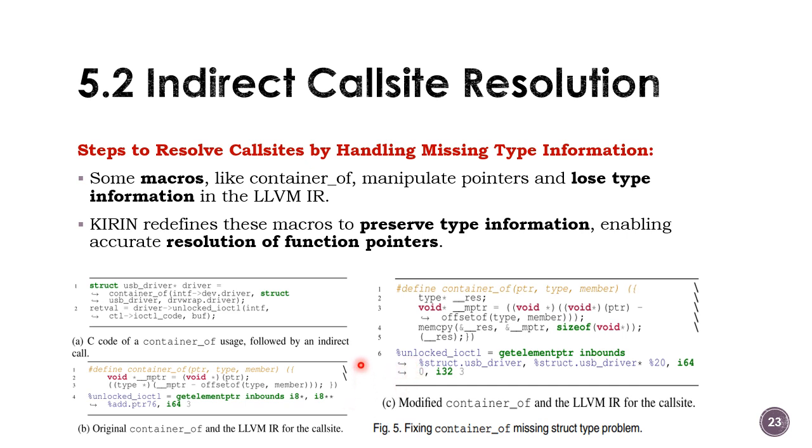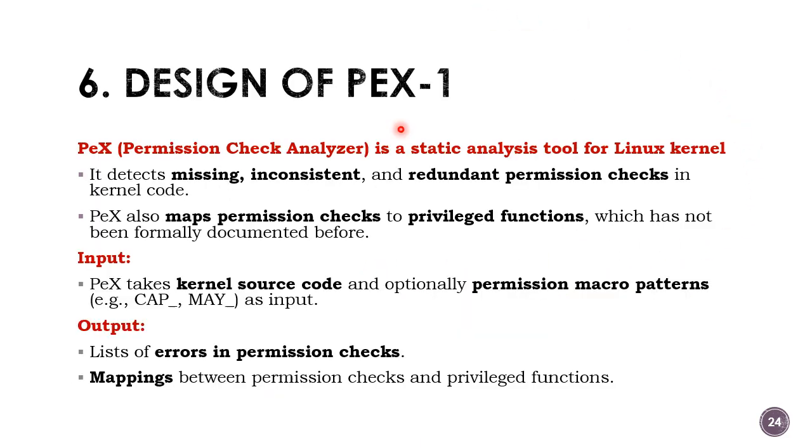So when detecting the indirect call site, it will directly target it and find out the actual type of this macro without the problem of dynamically assigned types, since this is a static and not a dynamic analysis.